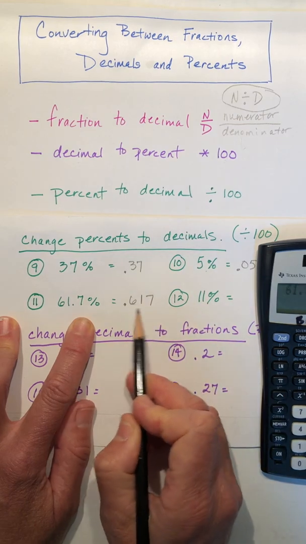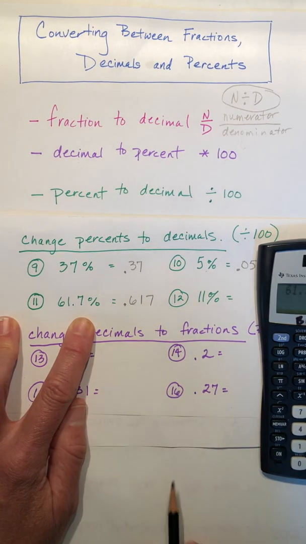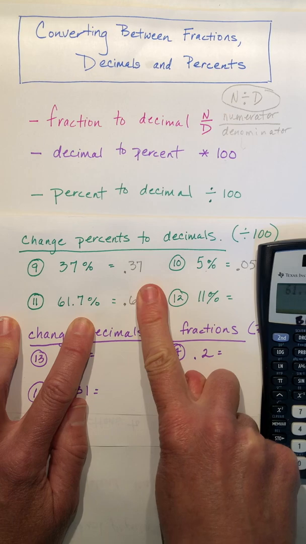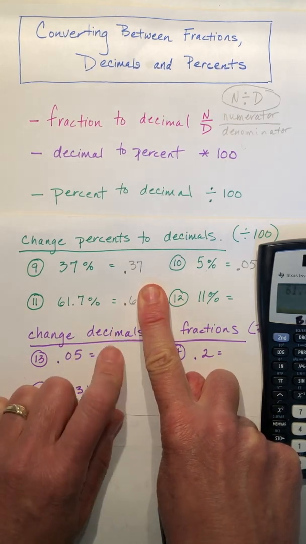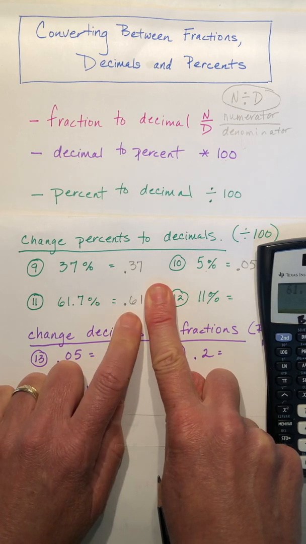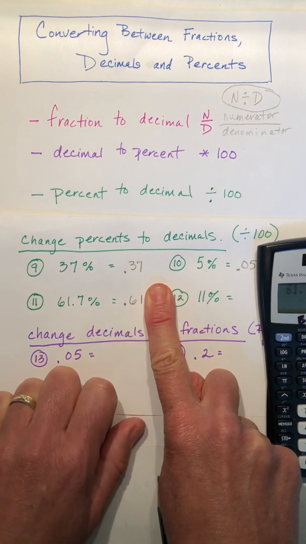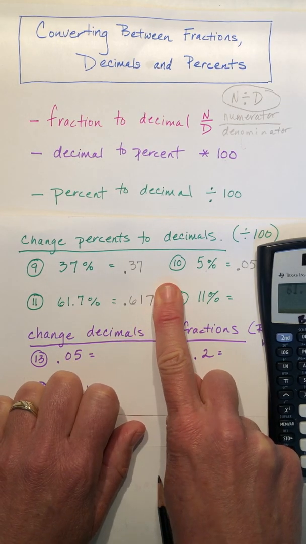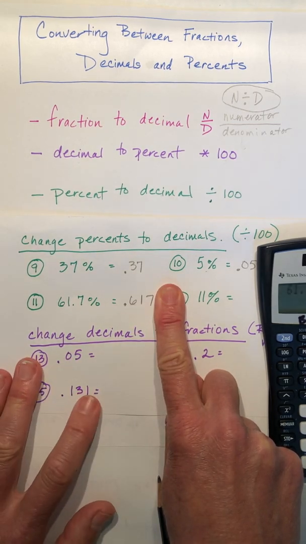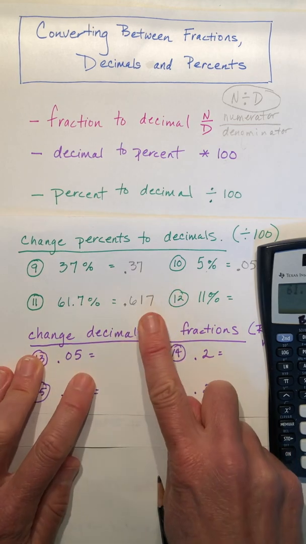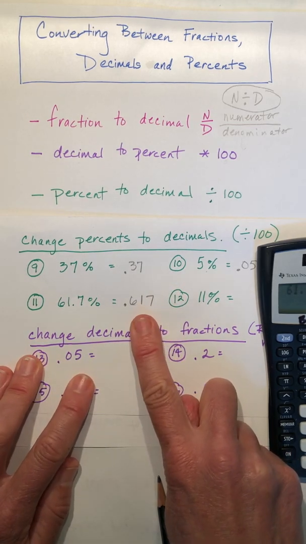How do we read this decimal? That would be 6/10, just that 0.6 right there. That would be 61 hundredths. But when there's a third decimal digit, we're talking about thousandths now. So this is 617 thousandths.